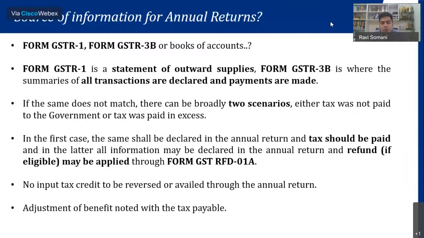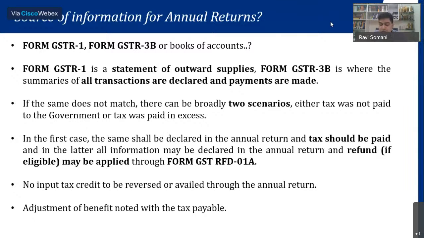Now, coming to what should be the source of information for filing this GSTR 9 and 9Cs. As far as the source of information is concerned, there was a lot of dispute in the start whether we should use GSTR 1 or 3B or books of accounts. I think largely people today may agree that it has to be as per books of accounts, but I would actually partially agree to that view for a simple reason.